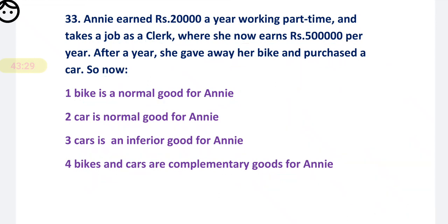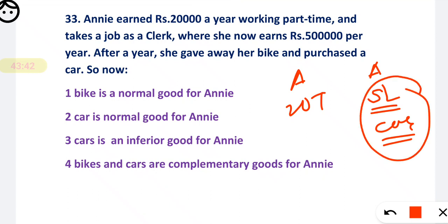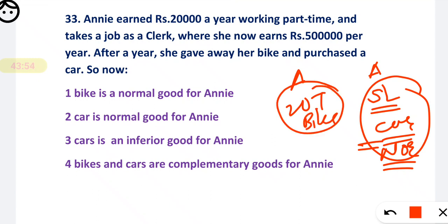Okay, this is a very important and conceptual part. See friends, Annie had a 20,000 rupees income, now she has a 5 lakh rupees income, and now she has a car. So the car will be the normal good for her because she has a good income. Since she is able to afford a car, the bike will be her inferior good.